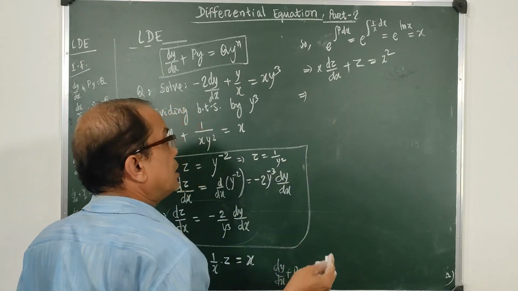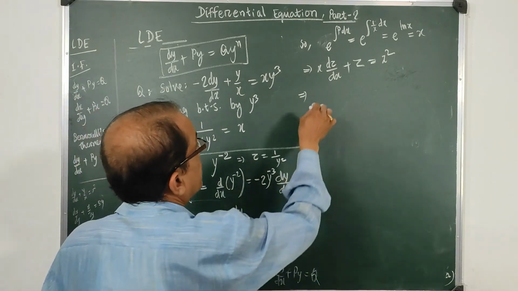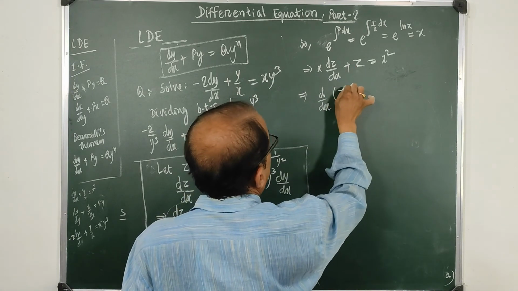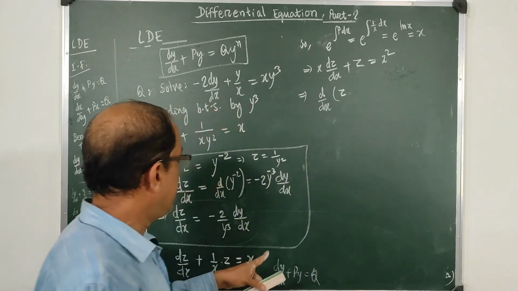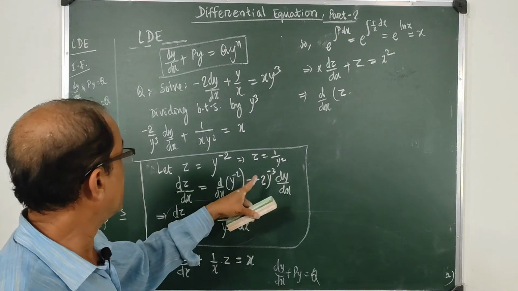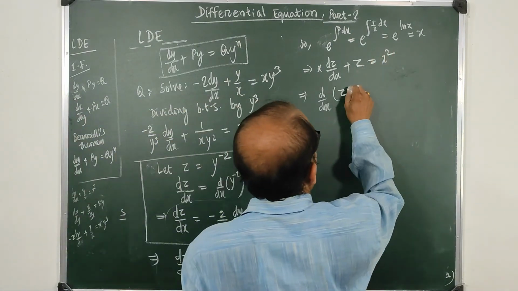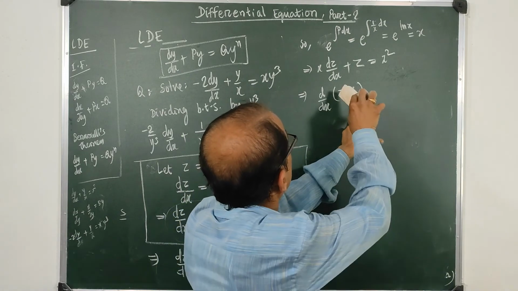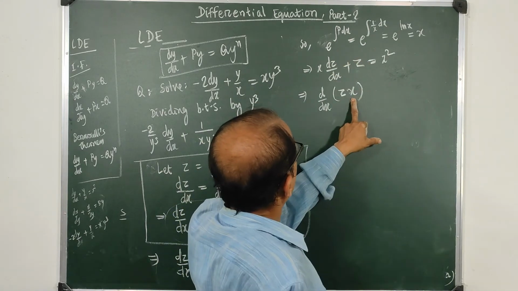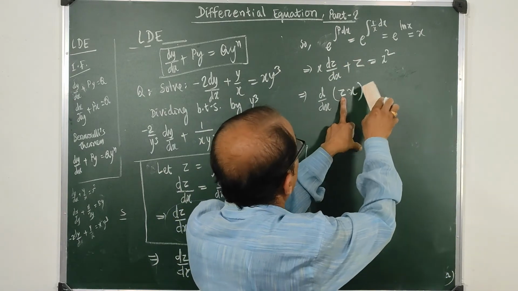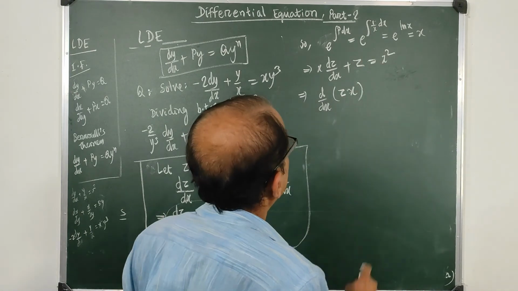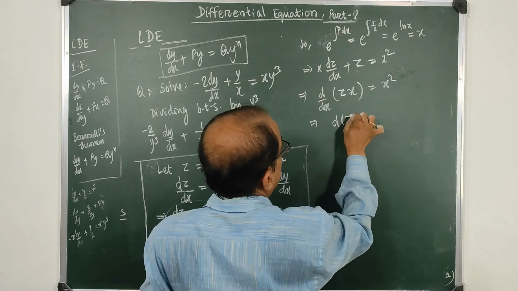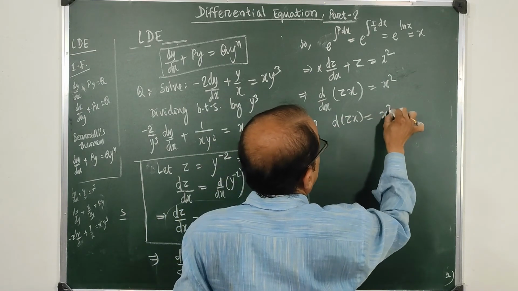Now we have to see whether the left side is the differentiation of the variable and the integrating factor x. Integrating factor was x. See, keeping x we differentiate z, so we get dz by dx. Keeping z we differentiate x, so we get 1. So here we have got it. This is x square. So d of zx will be x square dx.